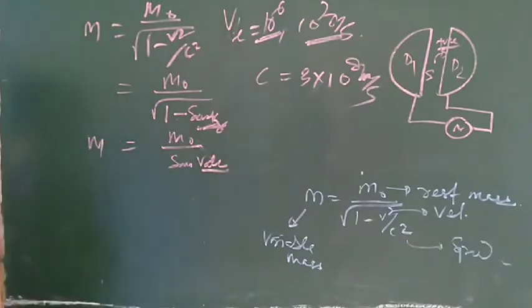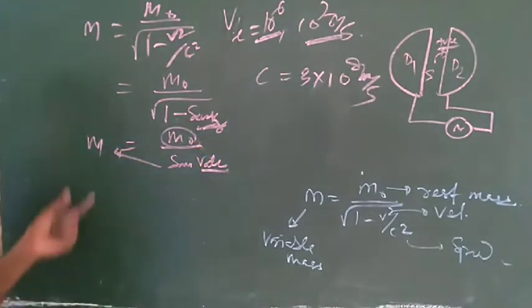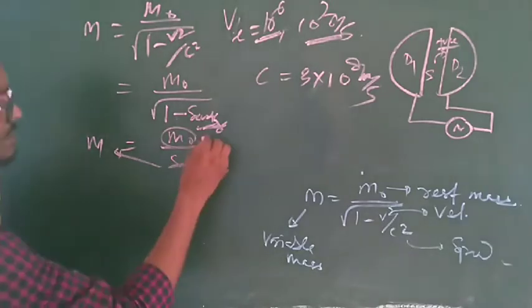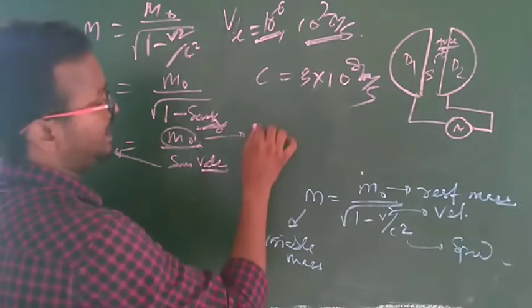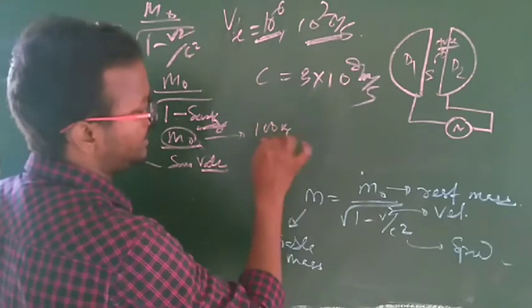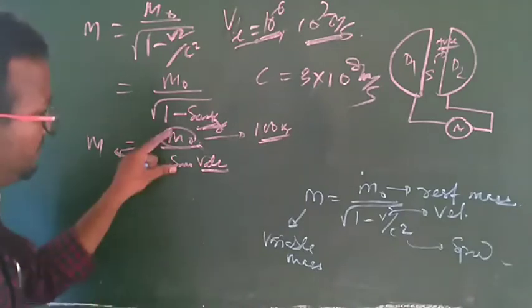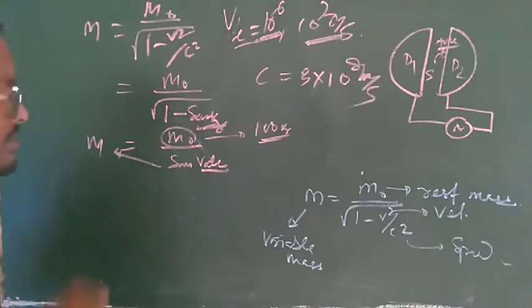there is mass m. Now this mass changes, because it is variable mass. Suppose the initial mass of the charged particle is 100 kg, after moving with velocity 10 to the power 6, then its mass changes, and this is the actual value.